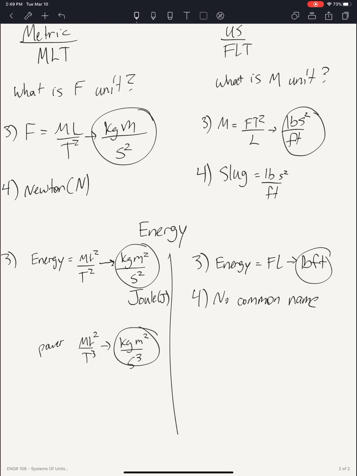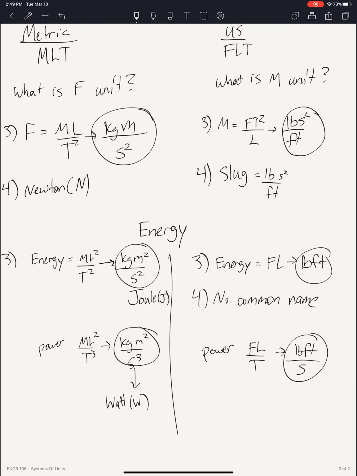This is the standard unit, and then you can look up if that has a name. In this case, this is called a watt, abbreviated with a W. Over here, power is FL over T, which is going to give us the pound foot per second. This has no common name.